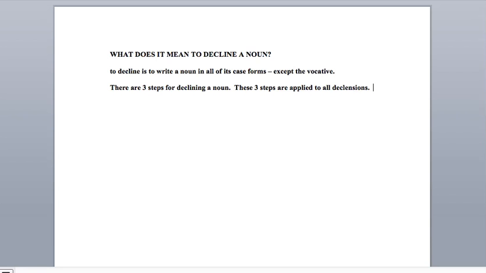So even though we're only working with first declension right now, whatever we're learning about declining a noun, we're going to be able to do with any declension in any set of inflections that we learn. Step 1 is to write the nominative and genitive form as they are given to you on the vocabulary list by the teacher.